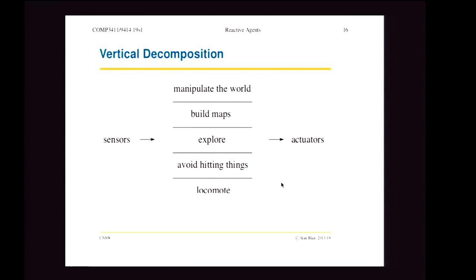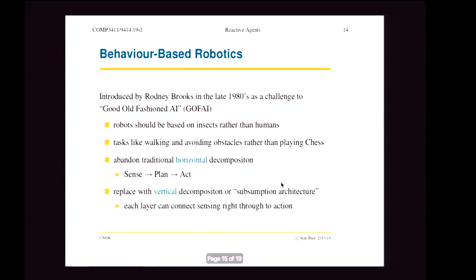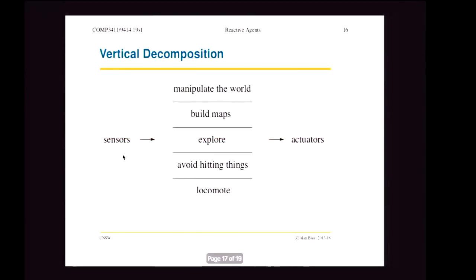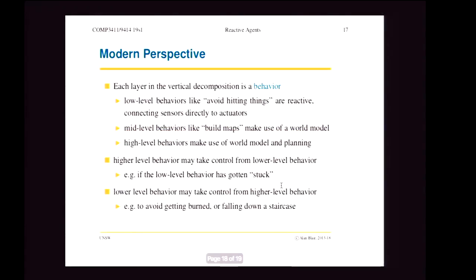The idea is the following: you have some low-level reactive behaviors that connect sensing directly to action. And then you have higher-level behaviors that build maps and so on. Let me illustrate this with examples.